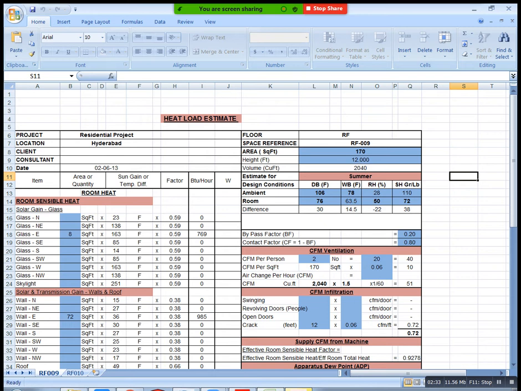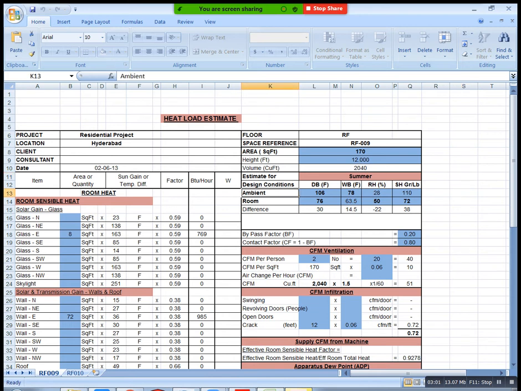Okay, first of all we need to find out our design condition based on our location of the project. Okay, where are you constructing your building? For example, if you are constructing a building in Hyderabad, we have one temperature, Bangalore we have one temperature, or Saudi you have one temperature, Dubai you have one temperature. Based on your location, temperatures will vary. Okay, now ambient temperature means your location temperature, outside design data.